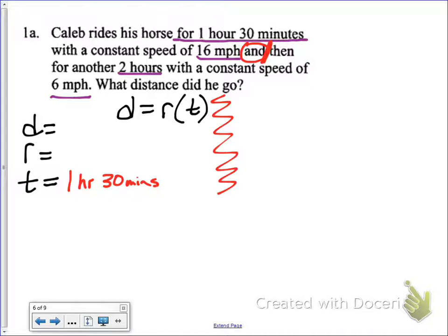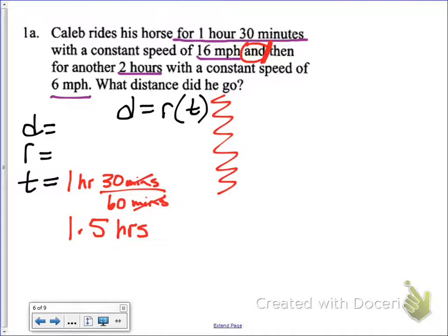The way that we do that, we keep the 1 hour, but we divide 30 minutes by 60 minutes. That will eliminate minutes for us. And 30 divided by 60, if you type it into your calculator, will give you 0.5. So 1 hour and 30 minutes is 1.5 hours. You add 1 to 0.5, and you get 1.5 hours.